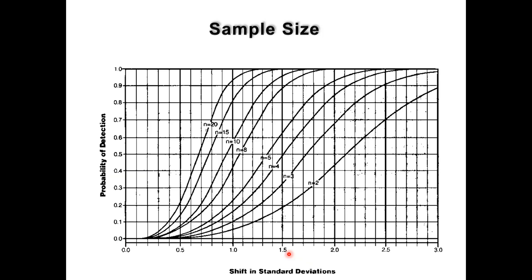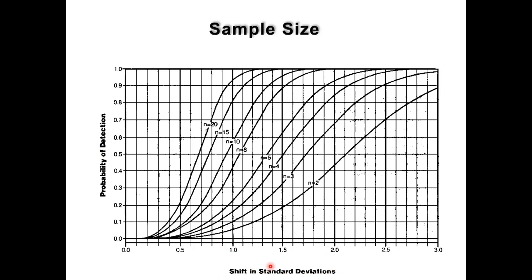This is a very important diagram. As I said, in most cases we would prefer a large sample size. You know why? Because if you have a larger sample size, the probability of detecting assignable causes is much higher. But in this case, it is more about your process shift.